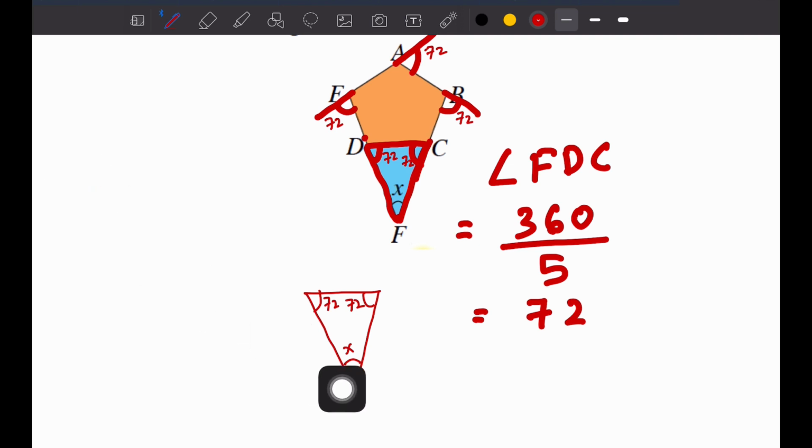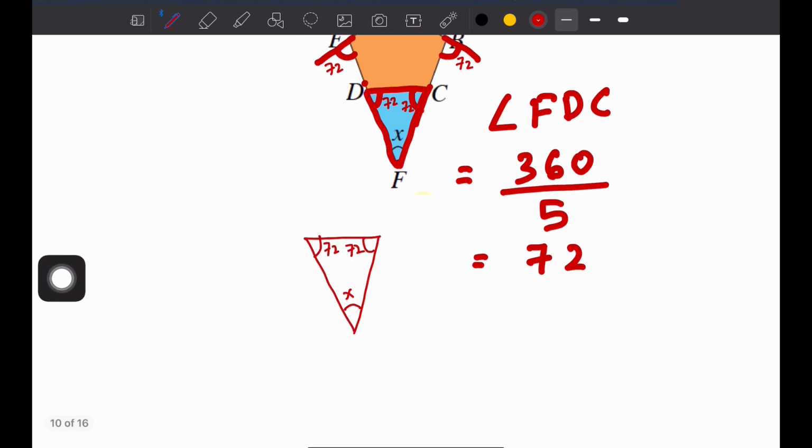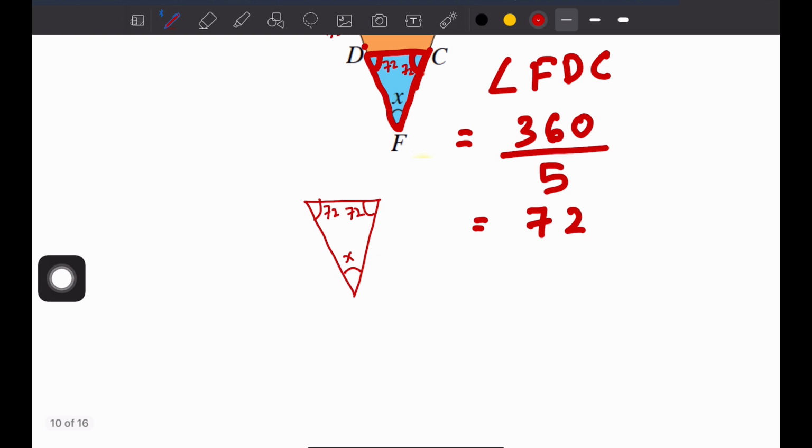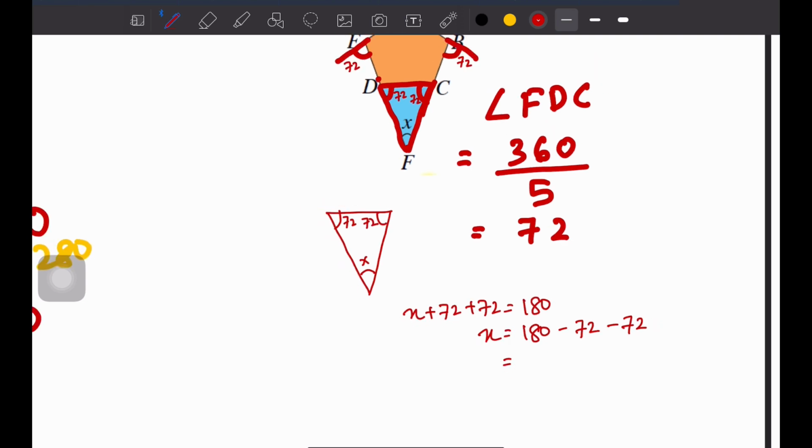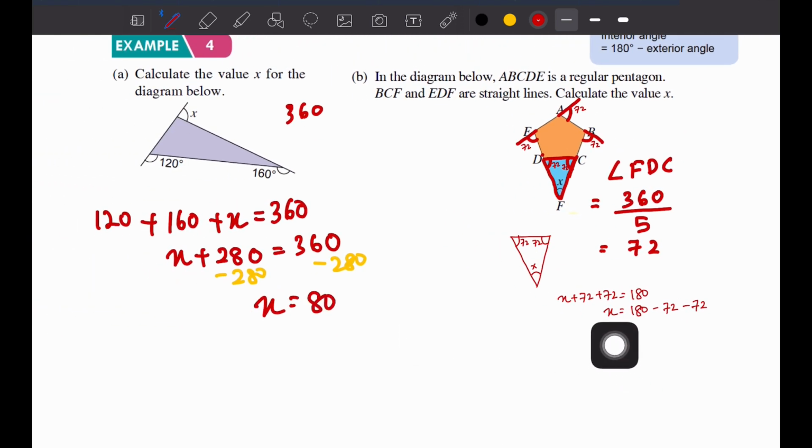So triangle, the interior angle is 180. So you can write it as x plus 72 plus 72 is equals to 180. So x is equals to 180 minus 72 minus 72. Okay, actually kalau perasan saya tunjukkan macam-macam cara untuk kita selesaikan x.